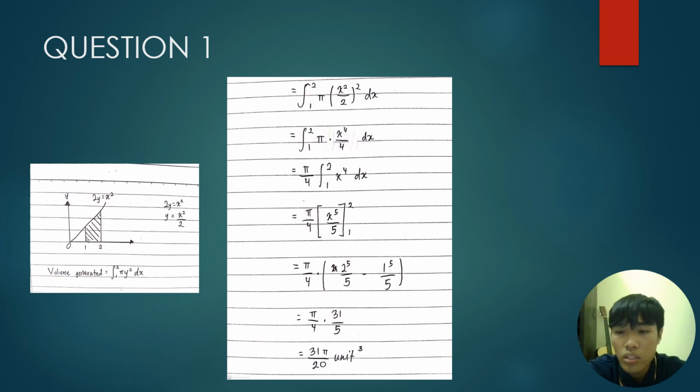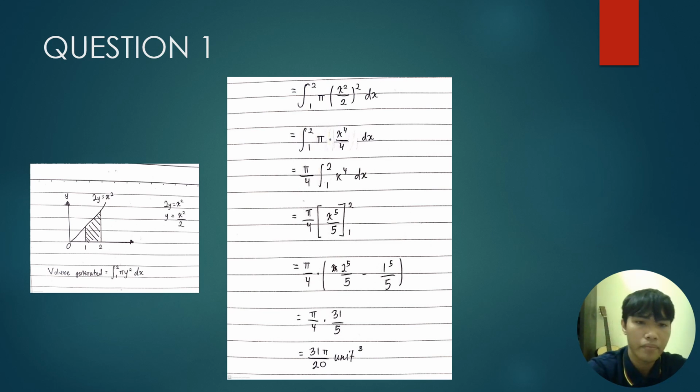So the question that we got to find the volume using integration is based on the graph that we see. The equation is 2y equals x squared, and we find the volume within 1 to 2. So the volume generated in this graph is integrate 1 to 2 of pi y squared dx.